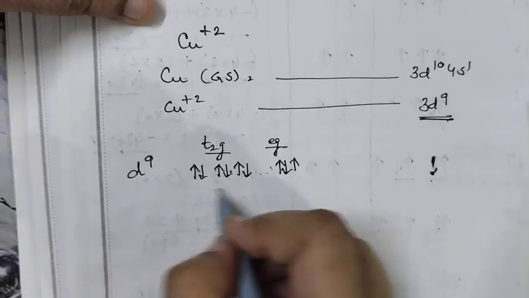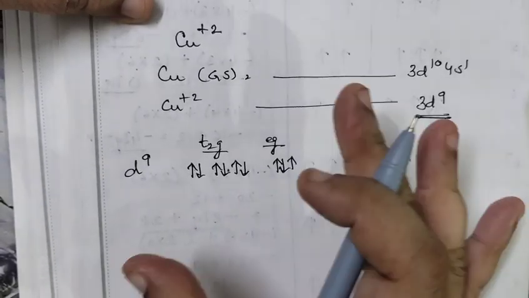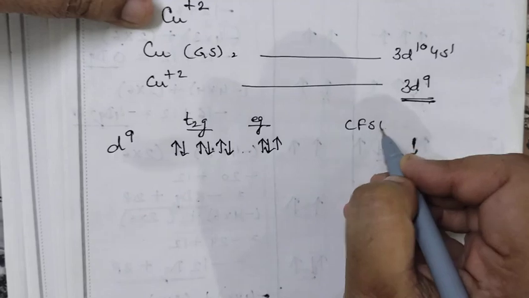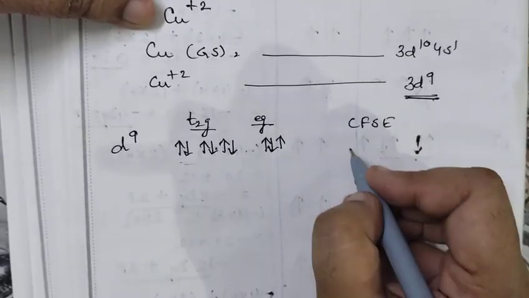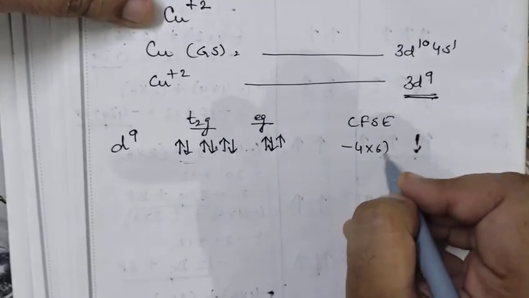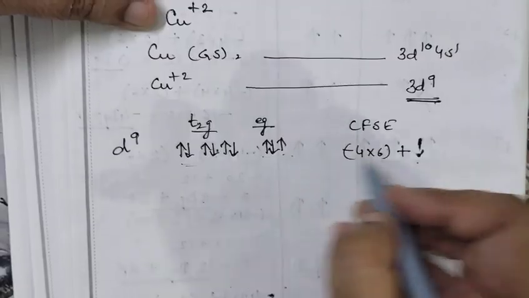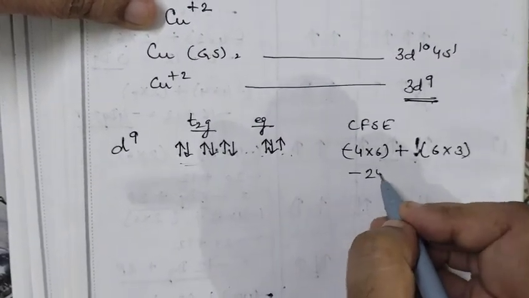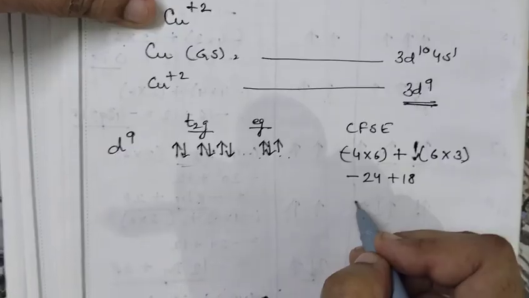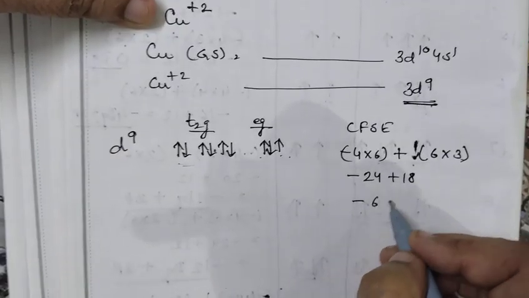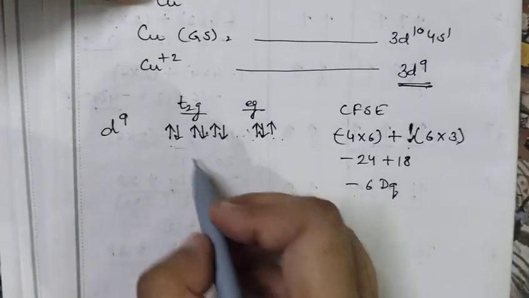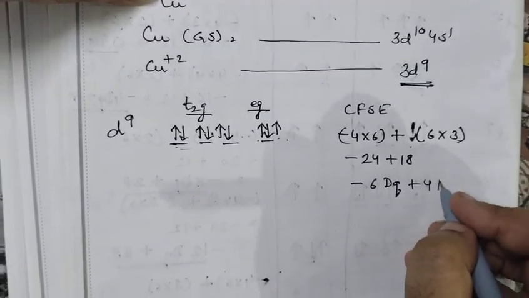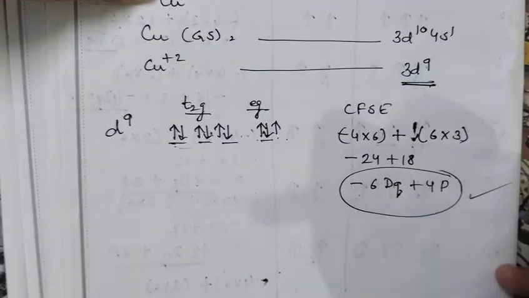First we filled T2G completely, then EG, because this gap was more. So how much will the CFSE be? 6 electrons with -4 plus 3 electrons with +6. That is -24 plus 18. That is -6 dq. And total pairs are 4. So +4p. This is your answer.